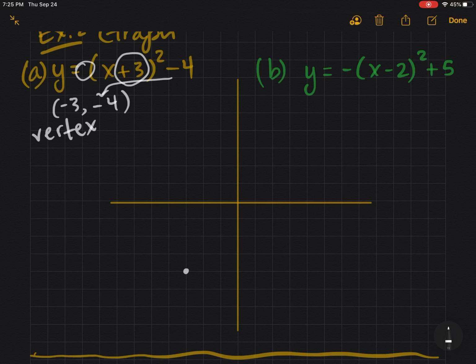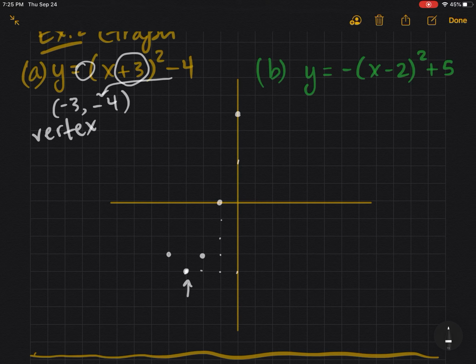So I'm going to do the same shape that we did before without a table. So I'm going to go to this vertex, and I'm going to go over 1, up 1, because 1 squared is 1. Over 2 goes up 4. 3 squared is 9. But notice how I keep returning to the vertex.